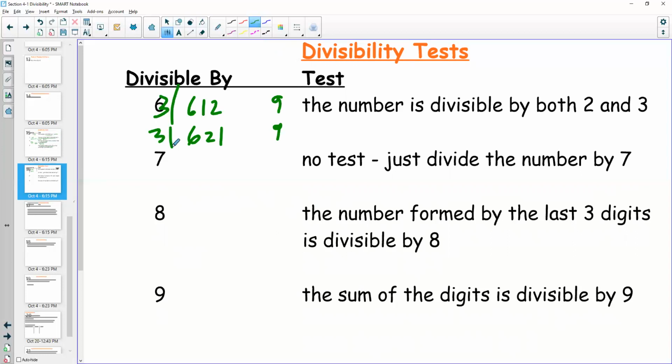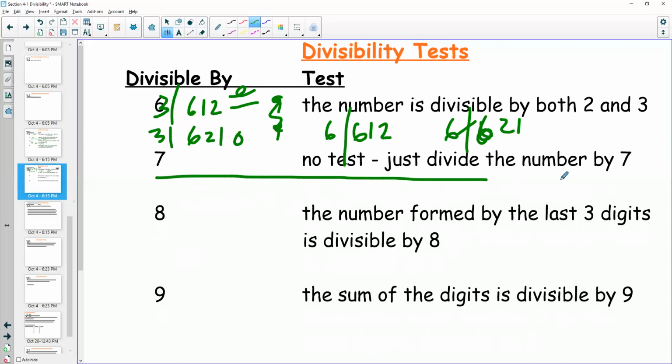But one of them is even, 612, so it's also divisible by 2, and one of them is odd. That one's even, that one's odd. So the only one that's divisible by 6 is the one that's both. So 6 divides into 612, but 6 does not divide into 621. Okay?